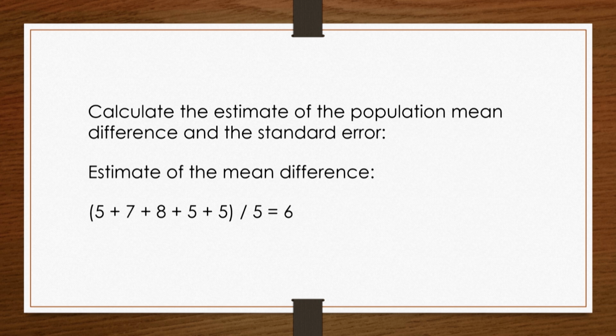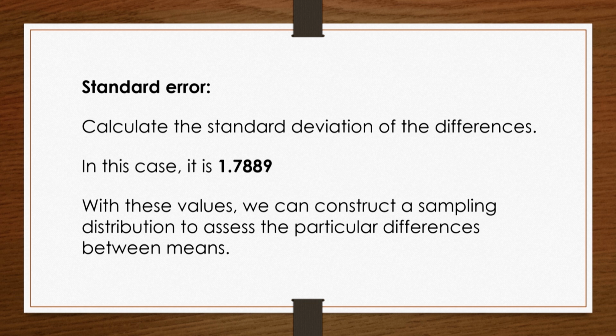The estimate of the mean difference is given by the sum of the differences divided by the number of observations, which is equal to 6. Now we are going to see what the standard error is and how to calculate it. Calculate the standard deviation of the differences. In this case, it is obtained as 1.7889. With these values, we can construct a sampling distribution to assess the particular difference between means.